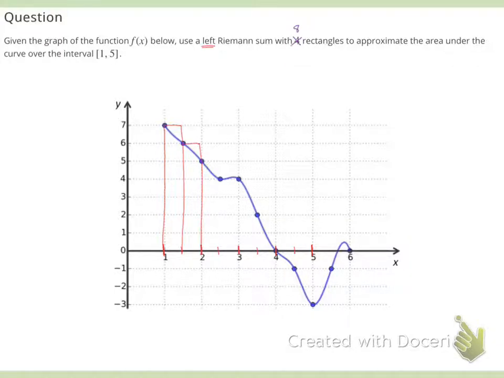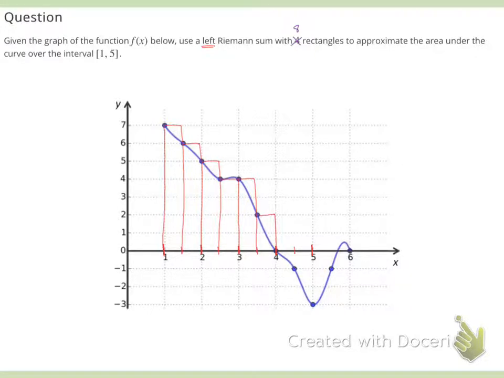Then at 2, 2.5. Then at 3, at 3.5. Now I want you to see at the next rectangle, the height is at 4.